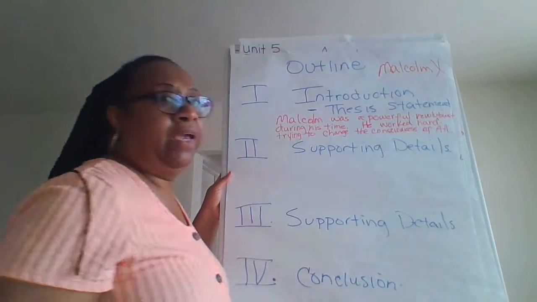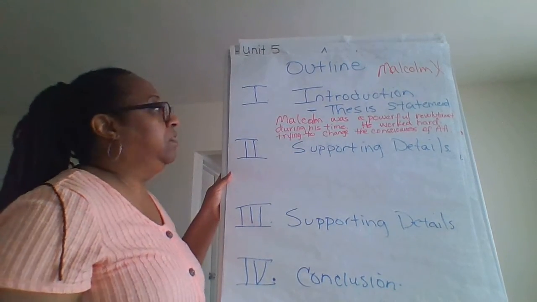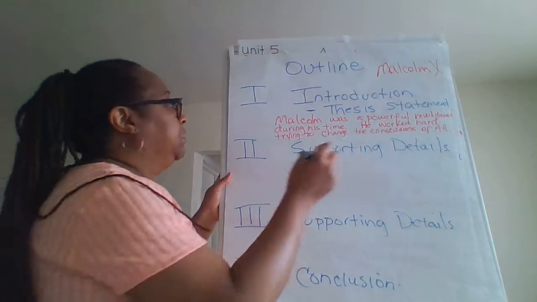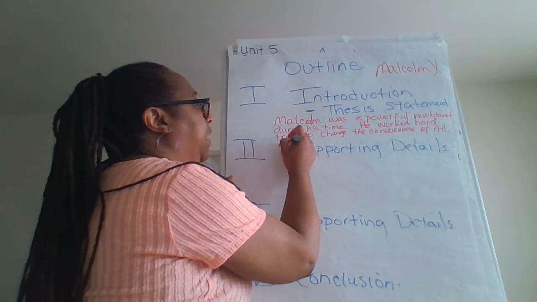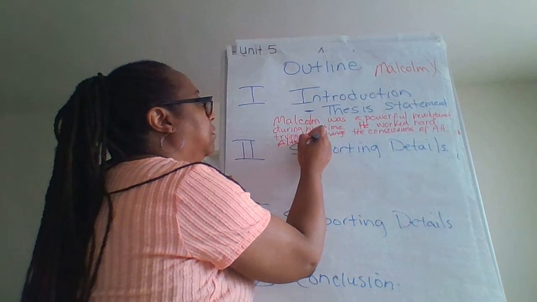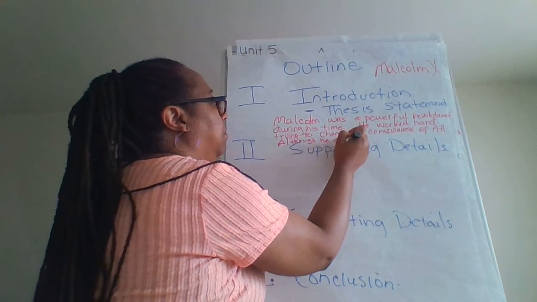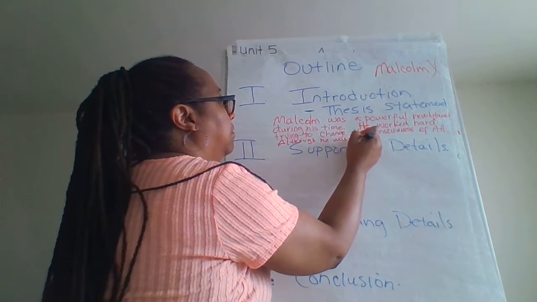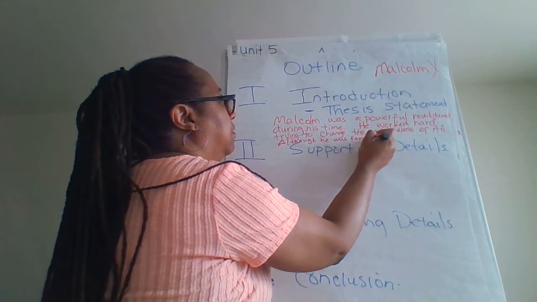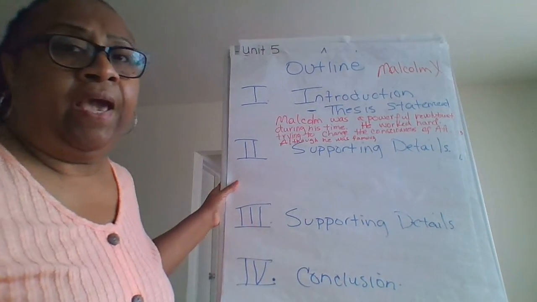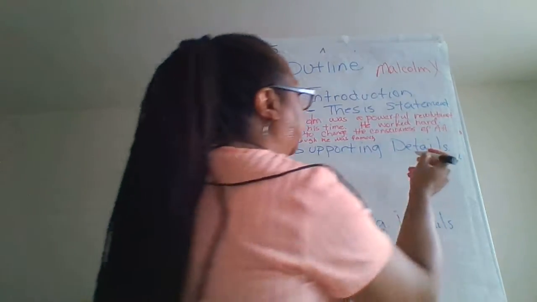I'll just put AA there. And then the last statement is that I will say, although he was famous, he had a turbulent childhood.